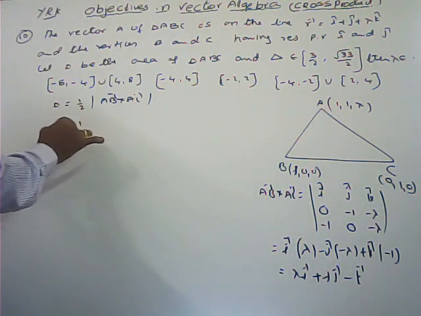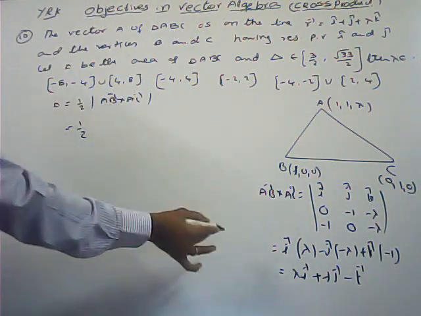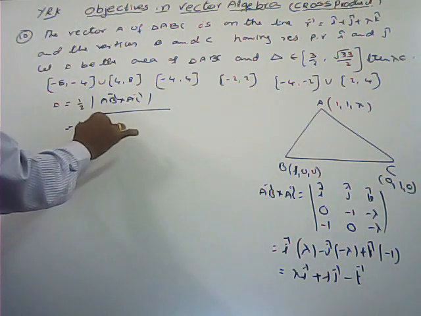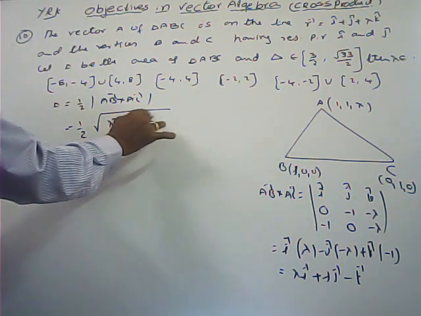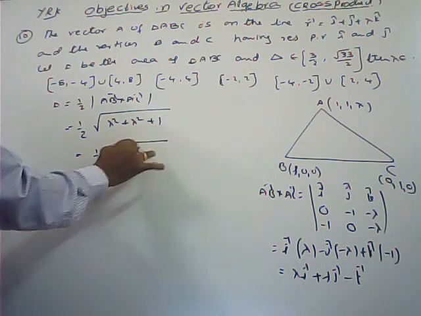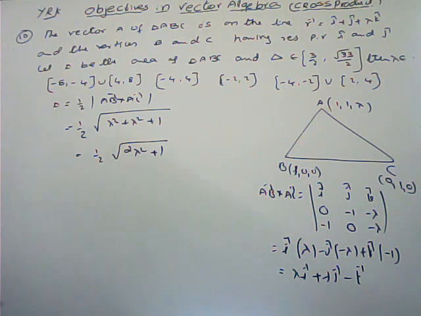And what about the half into its modulus? Square root of x square plus y square plus z square: lambda square plus lambda square plus 1, that is 2 lambda square plus 1.